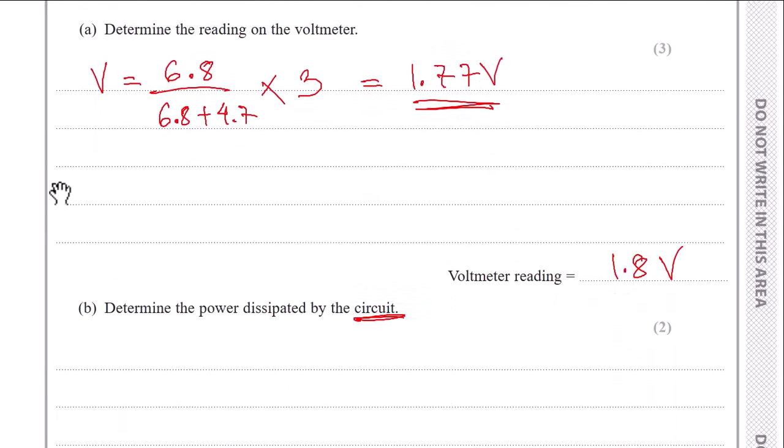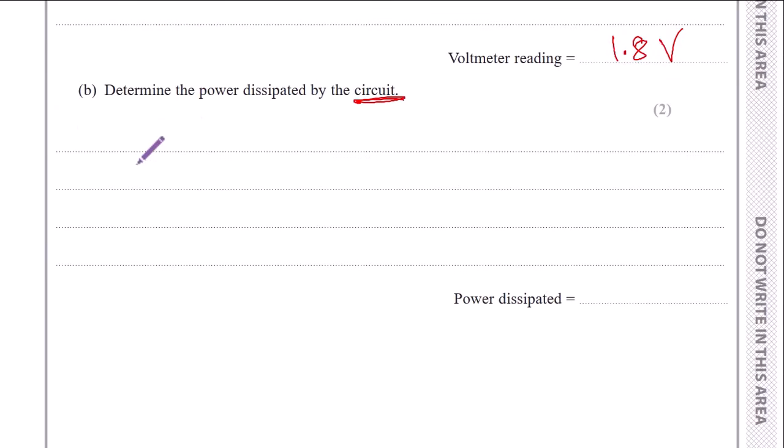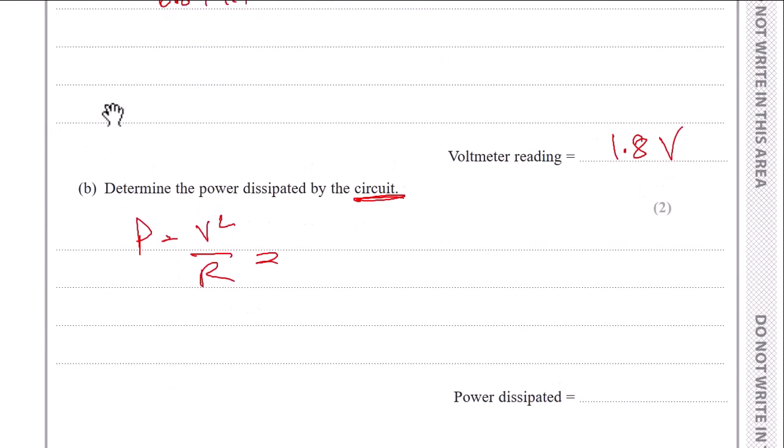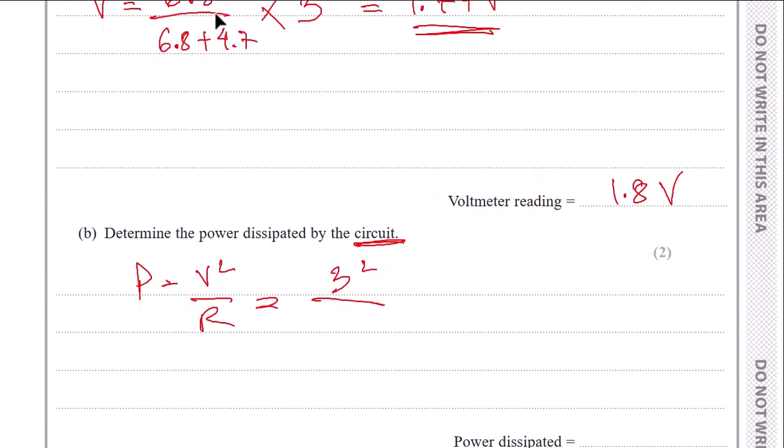The equation that links PD with resistance and power is P equals V squared by R. So V was 3 squared divided by R, as in the total resistance, which would be 6,800 plus 4,700. This time you do have to convert. That is 11,500. So 3 squared divided by answer gives you 7.8 times 10 to the power minus 4.